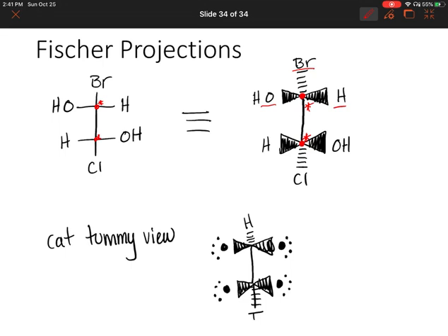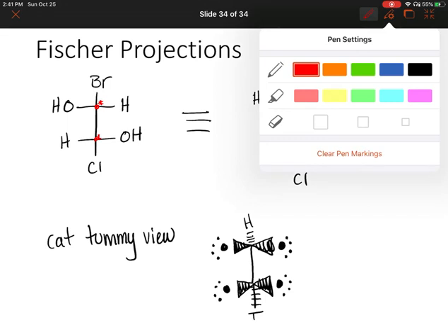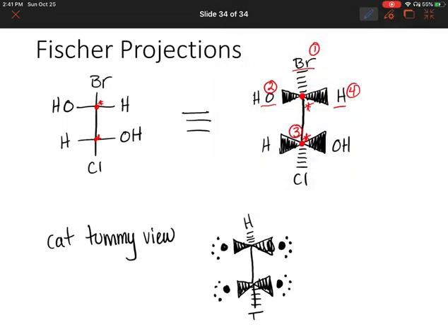Bromine. Bromine is the heaviest atom that stereocenter is bonded to. What would come next? Oxygen, carbon, or hydrogen? Oxygen. And then what comes next? Carbon or hydrogen? Carbon. And then hydrogen is our lowest priority.